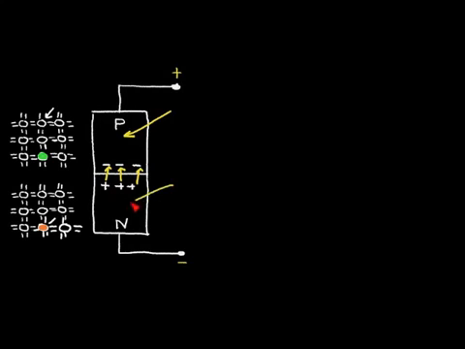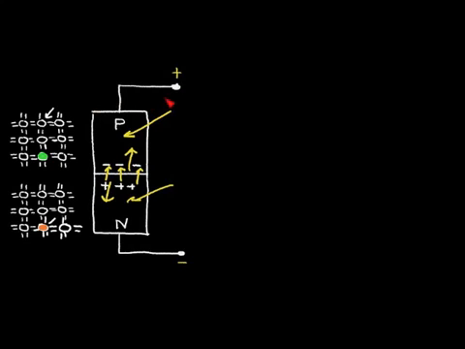And if light hits this N region and again dislodges an electron from this lattice and produces an electron hole pair, some of these holes can wander over into this electric field region, and they'll be propelled by this electric field in this direction. So the holes will be pushed in this direction, and the electrons will be pushed in this direction. And that results in a current flow in our solar cell.